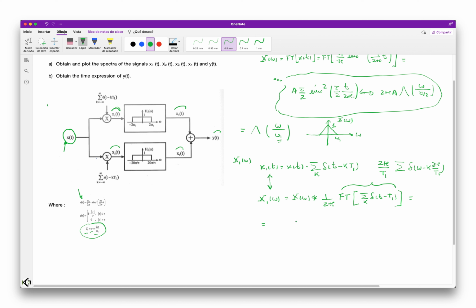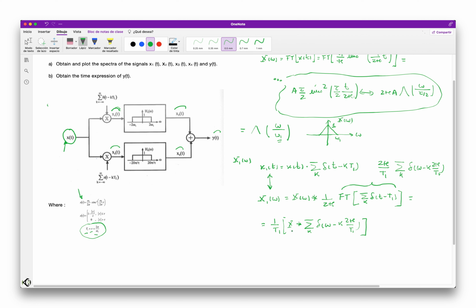So if we do that, the 2 pi will go away with this 2 pi over here, and we will get 1 divided by t1, capital X convolved with the train of deltas. We can use the same dummy index, but the train of deltas are separated 2 pi divided by t1.